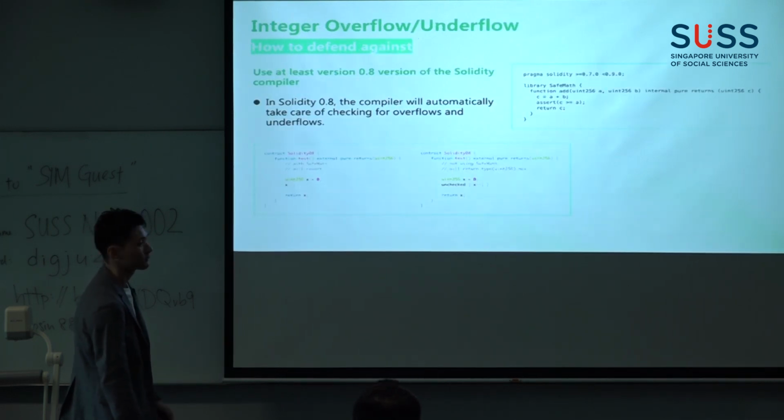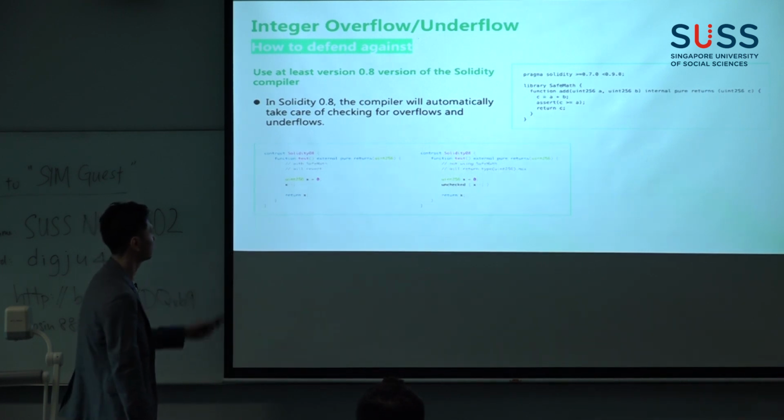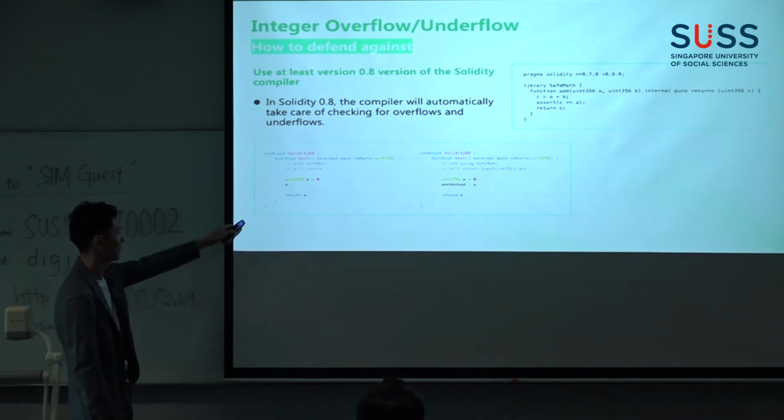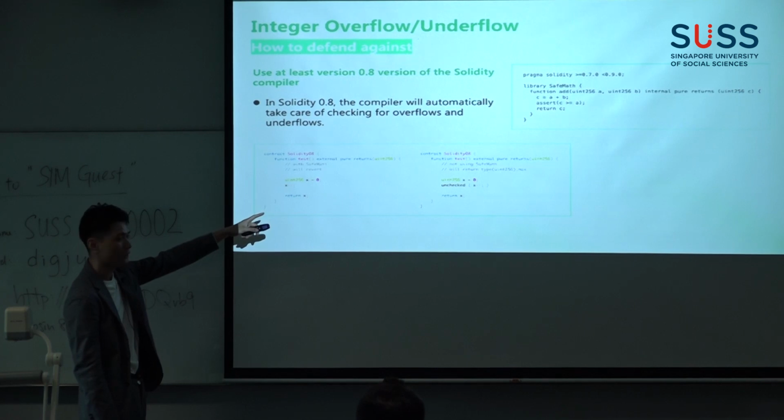Now let's discuss how to defend against this type of bug. In compiler versions later than 0.8, the compiler will automatically check if overflow and underflow take place. For example, in the contract at the bottom, we can see that this uint256 x is given a value of 0.